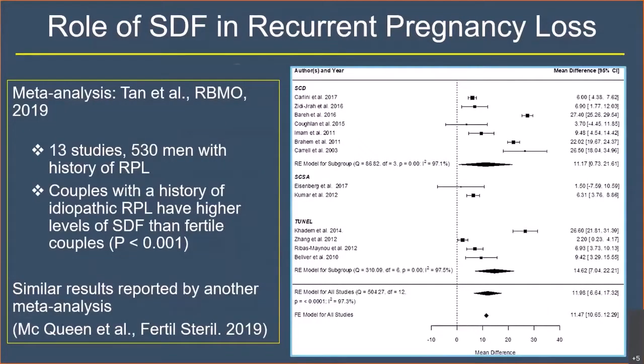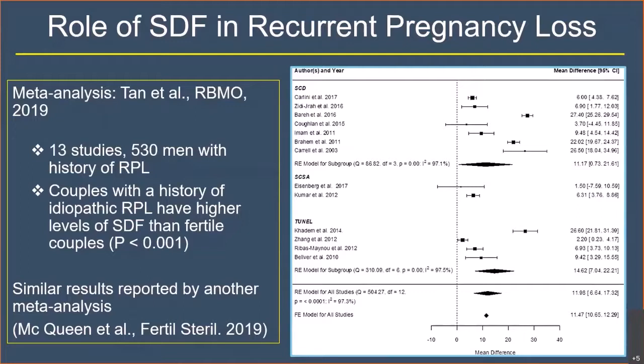Here, in this slide, I report the results from another meta-analysis published in 2019, very recently, and including a larger number of studies, 13, for more than 500 men with a history of recurrent pregnancy loss. Here on the right side, you can see the forest plot from this meta-analysis.